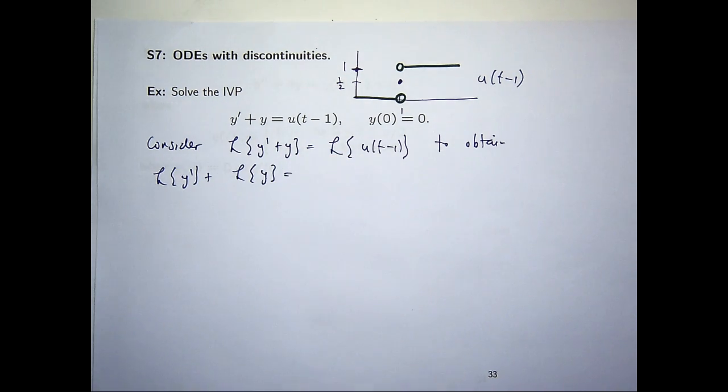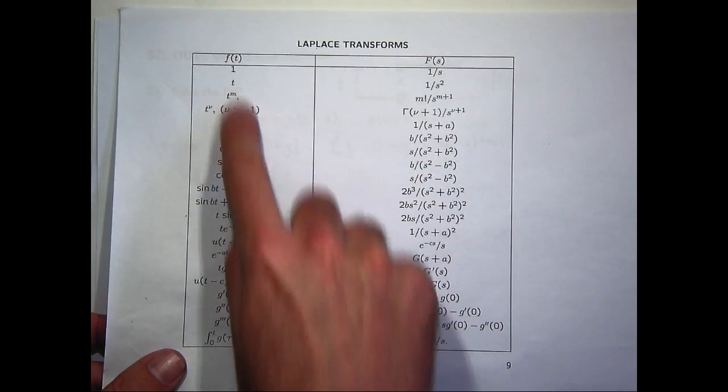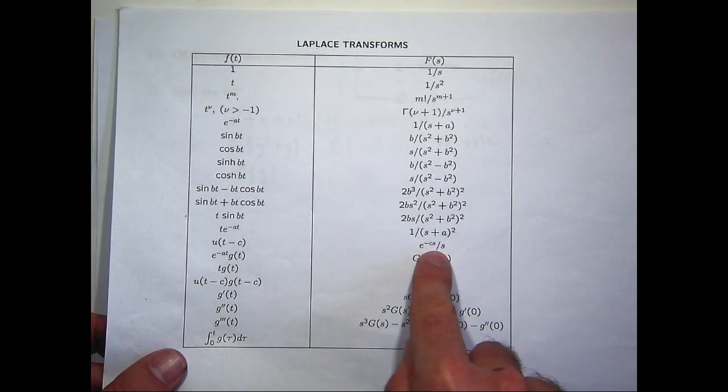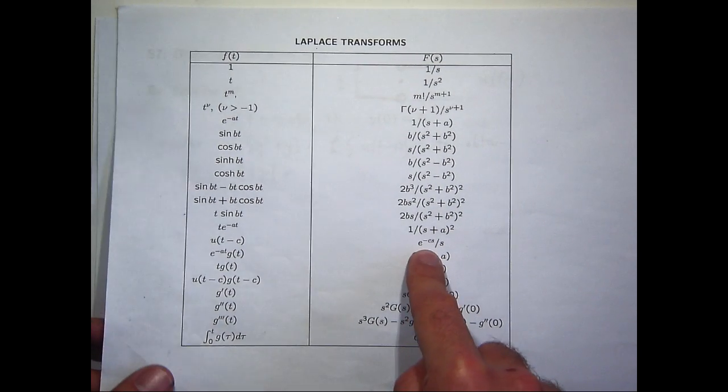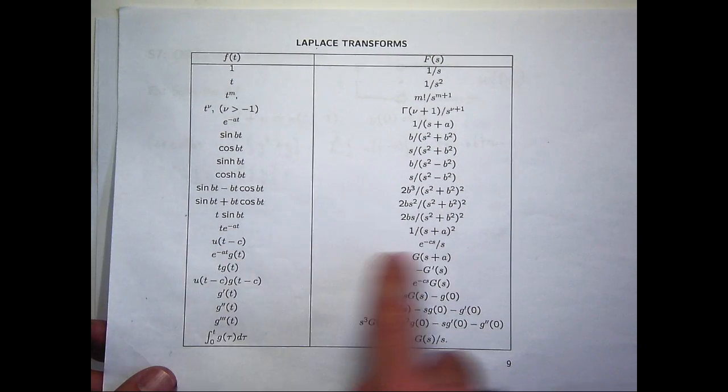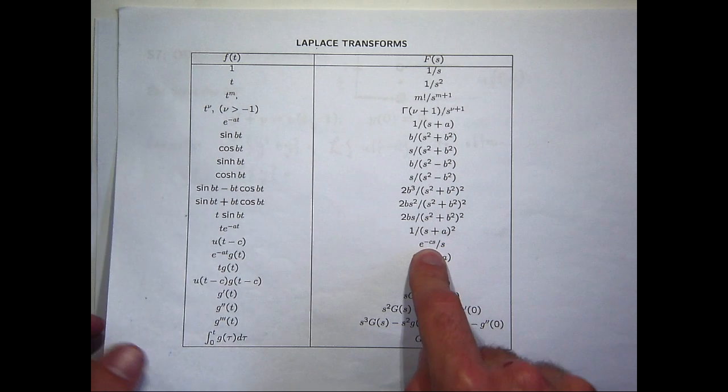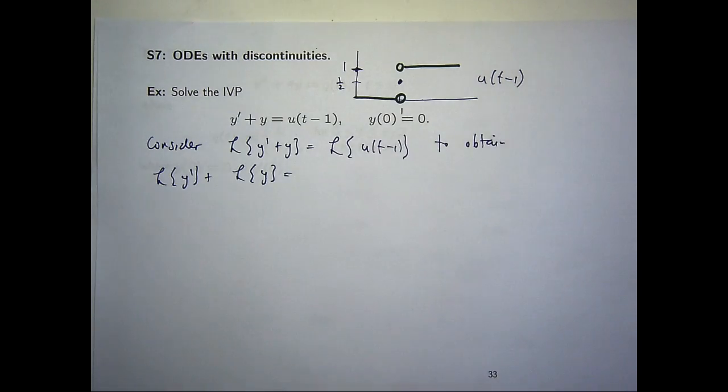So what's the transform of the Heaviside step function? Well, if we go to our table, I look across, I find the transform. So for our case, the transform of the right-hand side is going to be e to the minus s all over s.